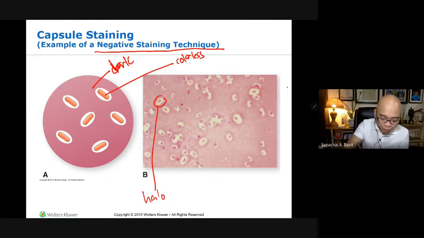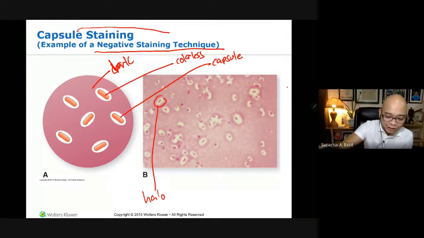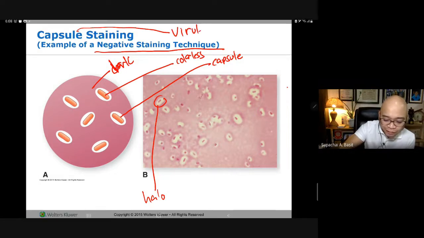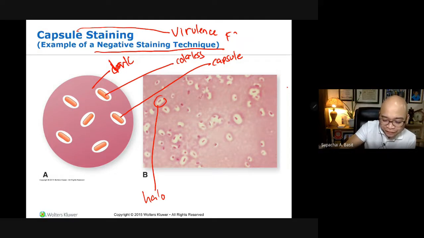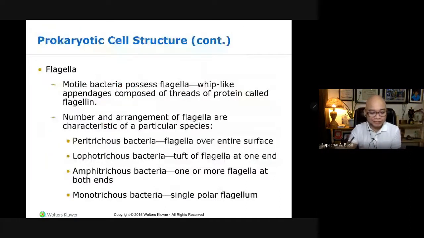This colorless structure here is the capsule. Is it a bad thing that bacteria have a capsule? It's good for them but bad for us, because our WBCs will not be able to fight them. So the capsule is considered one of the virulence factors.